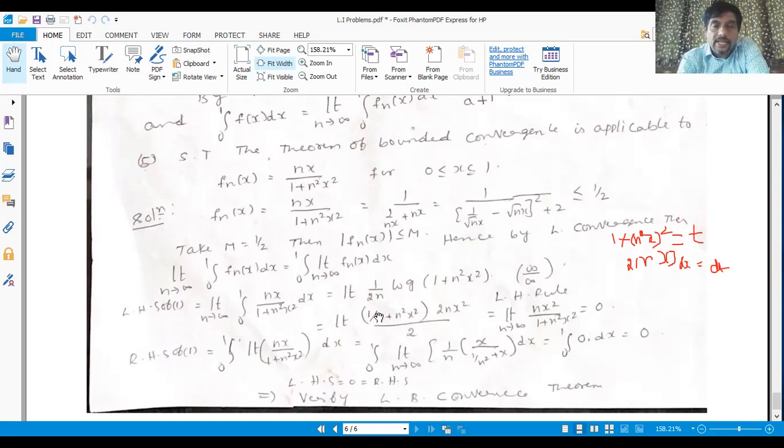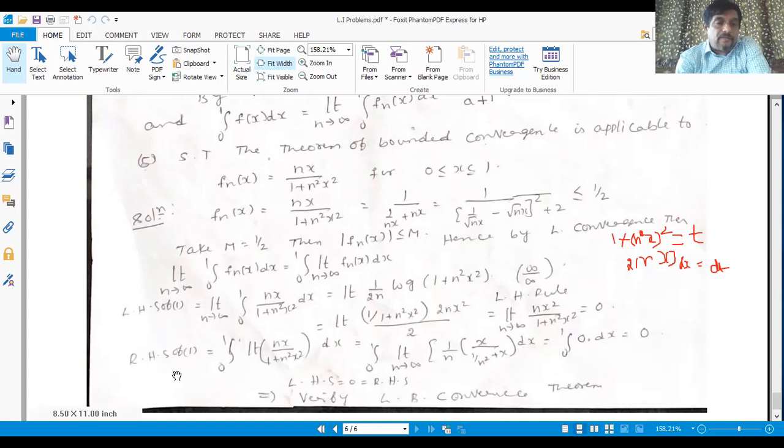Then this becomes 1 by 1 plus n square x square, plus 2n x square, then the denominator becomes 2 into 1. If you take n as common, here also n as common, then 1 by n will be there. If you apply n tending to infinity, the value becomes 0. 1 by infinity is equal to 0 here.